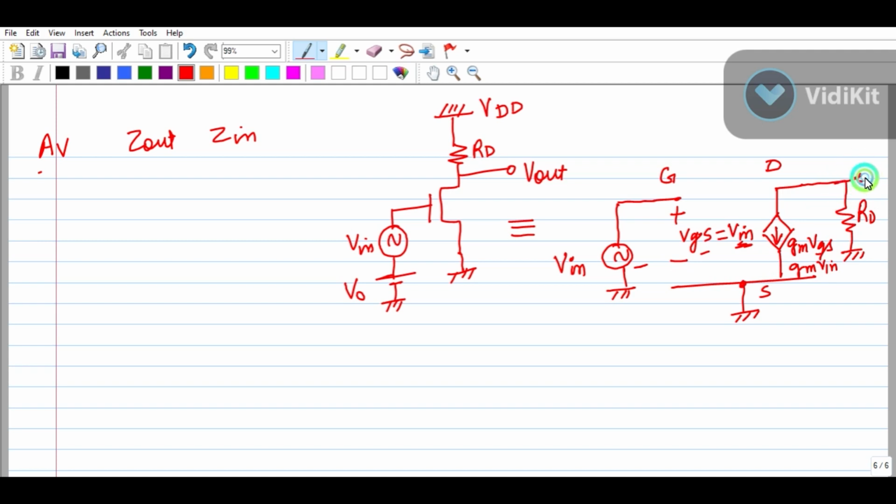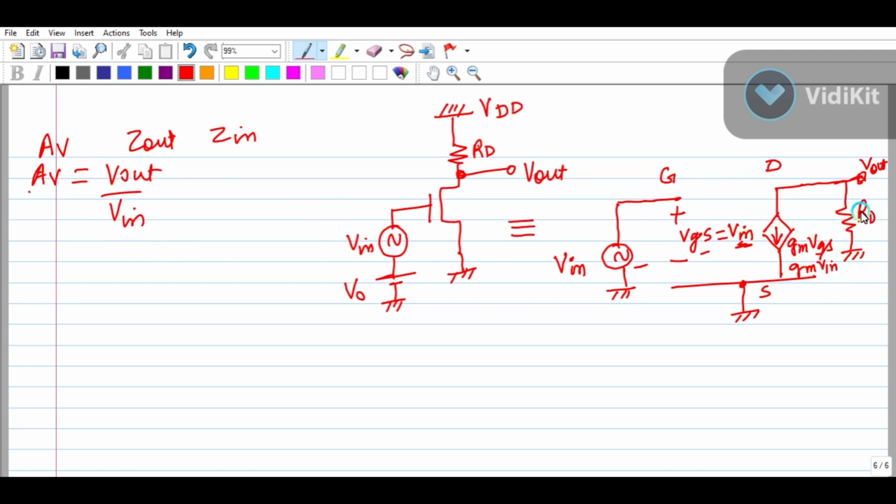And there we are calculating V out between RD and this terminal. Okay. So what is AV? AV is equal to V out divided by V in.